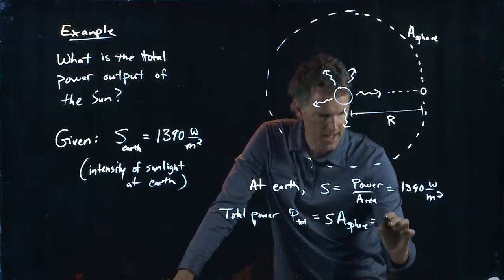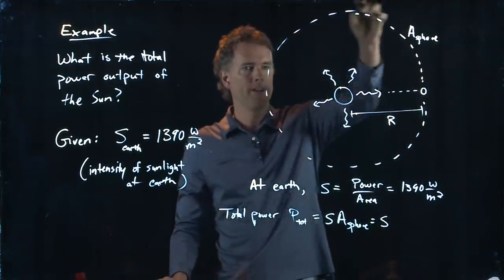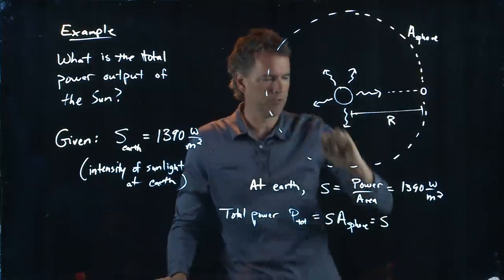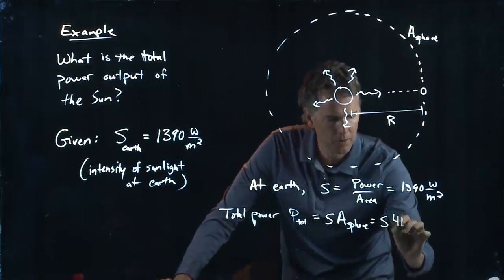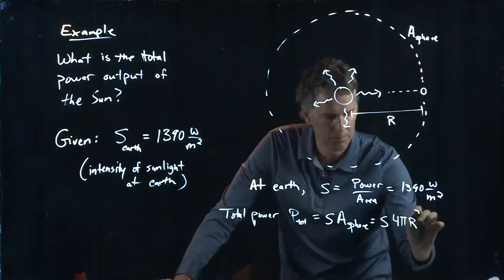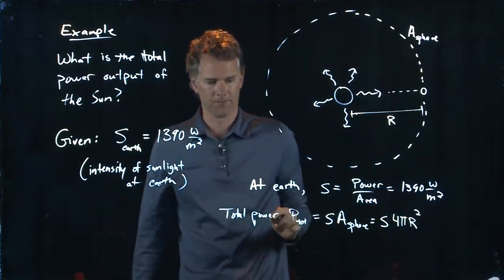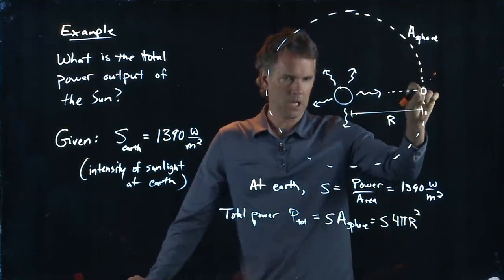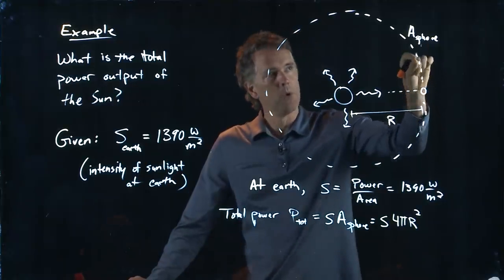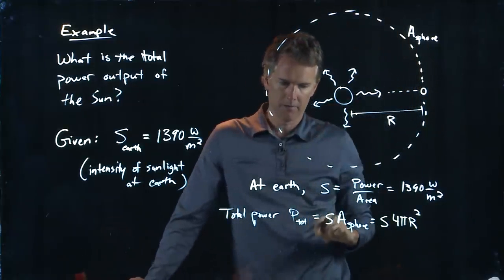Okay, we know S. What is the area of this giant dashed sphere? It is 4 pi capital R squared. Now take our little intensity and multiply it by the area of the sphere.